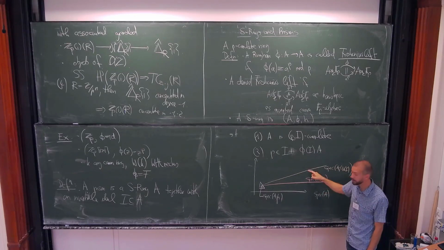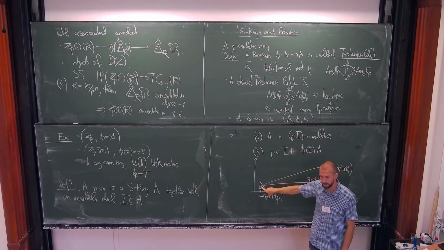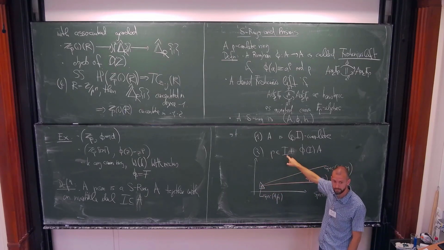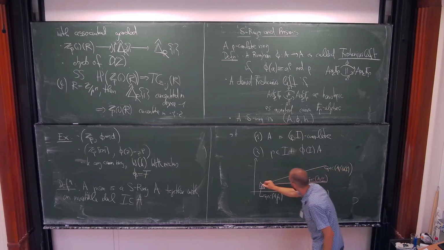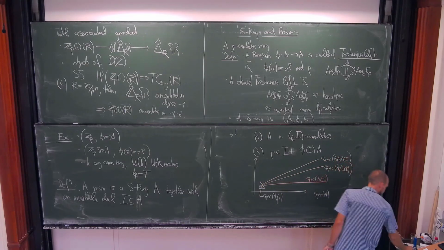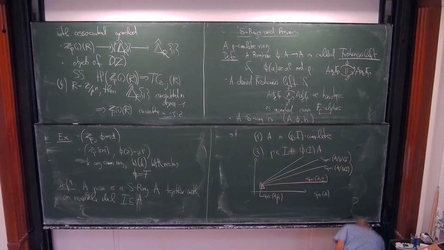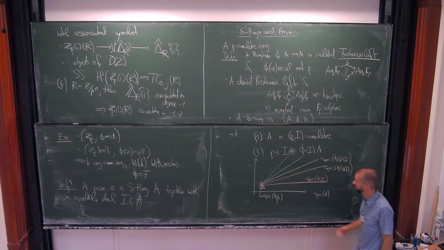Here you see the prism condition exactly means that these two lines intersect in the mod p reduction. That's literally what it means that p is in this intersection. And from this you can easily deduce that the next thing is Spec A mod phi^2(I), and so on and so forth, that these all intersect in this guy. Okay, so that's maybe a picture of a prism.